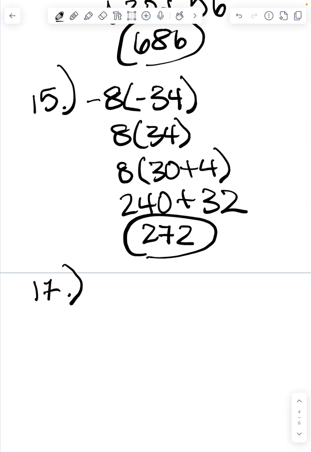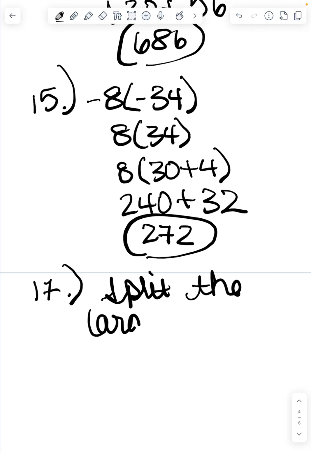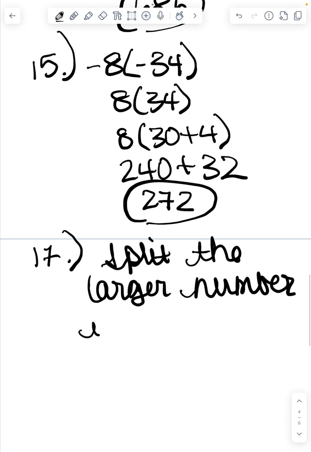Number 17. How can the distributive property be used to do math mentally? So that's exactly what we were just doing in the last few. You can split the larger number into a sum of two addends.